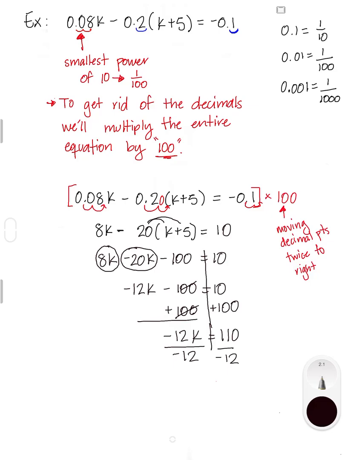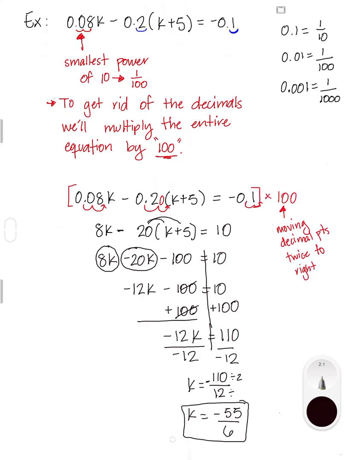So -12 divided by -12 becomes +1, so k equals 110 over -12, or -110 over 12. I'm going to divide this by 2, since both are even numbers. So k equals -55 over 6, and that's my final answer.